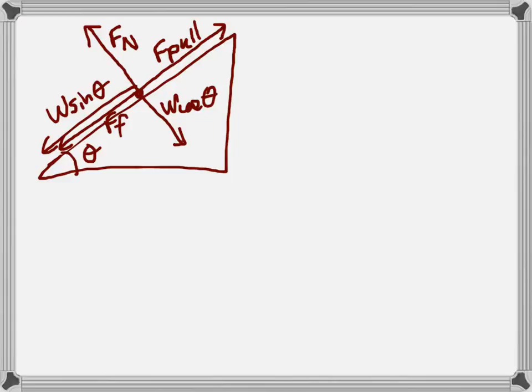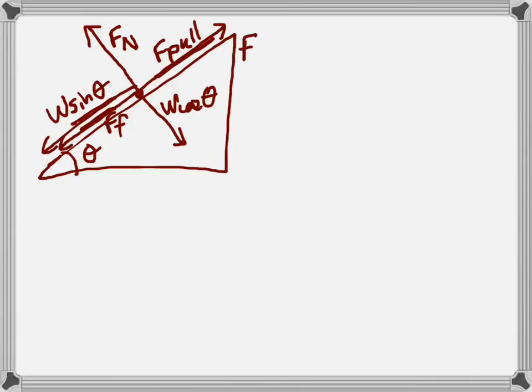And what do I know? I know that this object is supposed to be accelerating upwards, which means there has to be a net force upwards, which means this pull force has to actually be bigger than this weight sine of theta and this friction force combined. There has to be some net force left over in the up direction. So I can start with that basic premise.